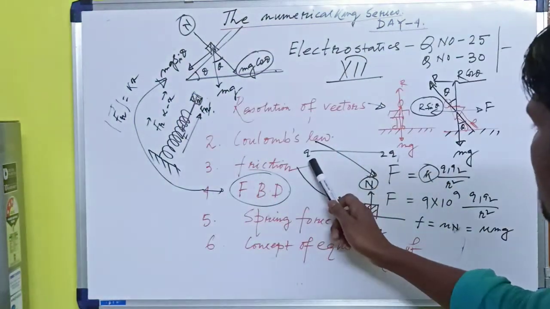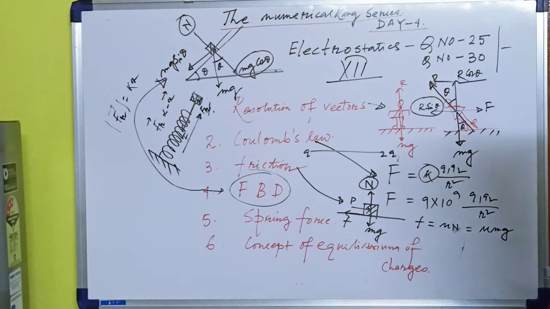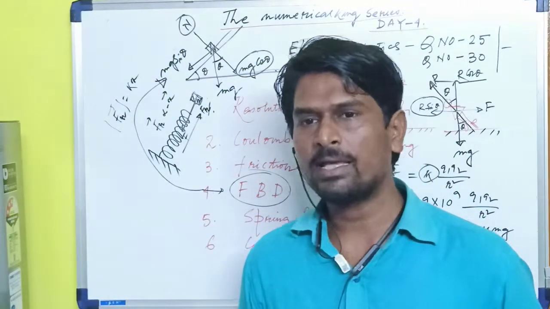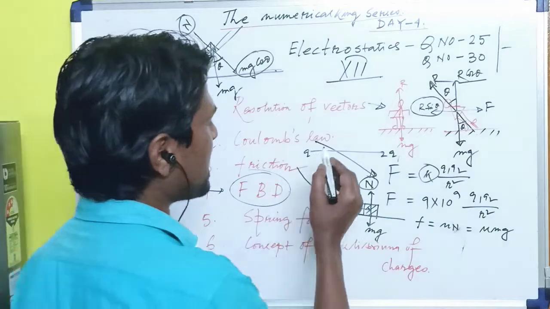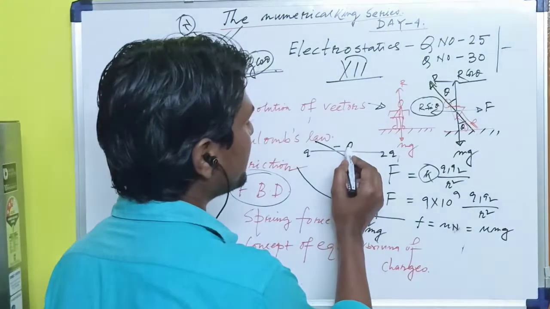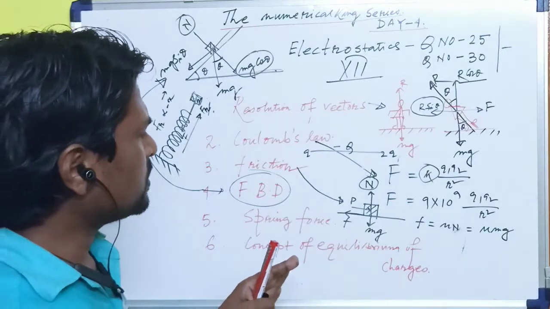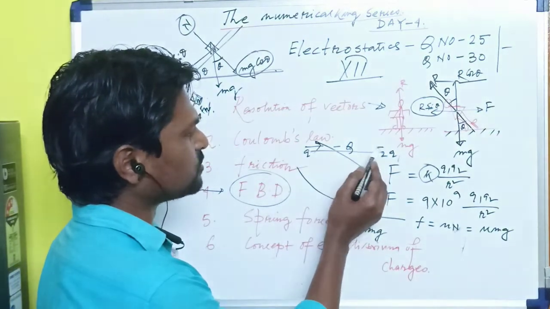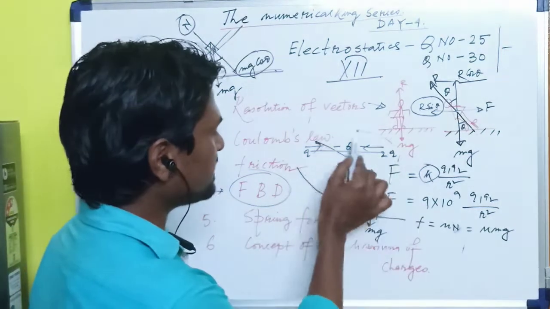So here there is a repulsion force between Q and 2Q, and if we want to put those charges in equilibrium, then we must place a negative charge at a particular position, so that this charge can attract this one and this one, and the whole system is in equilibrium.